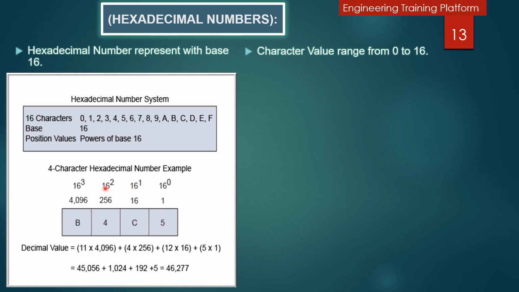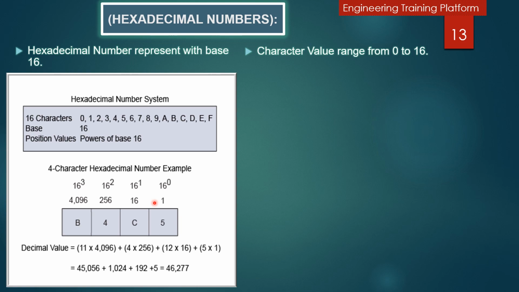Here 16 is the base of the hexadecimal number, and the powers start from 0. Any number raised to the power 0 gives 1, and this applies to all the positions: 16 to the 3, 16 to the 2, 16 to the 1, 16 to the 0, and we will find the result.